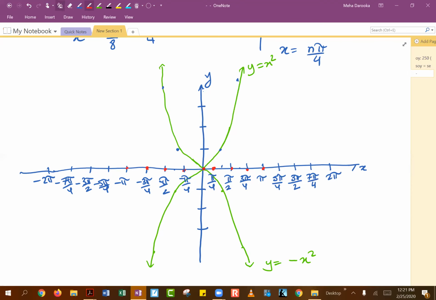So if we are starting with the origin as our starting point, then halfway between this, I should have a maximum point right here between 0 and pi over 4. So between 0 and pi over 4, I will have a maximum. Then between pi over 4 and positive pi over 2, I will be at a minimum.